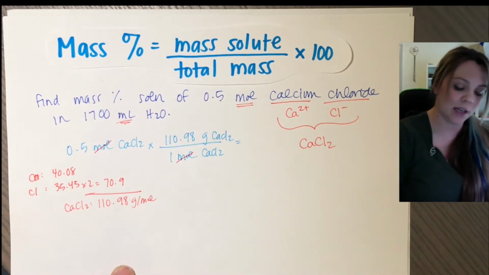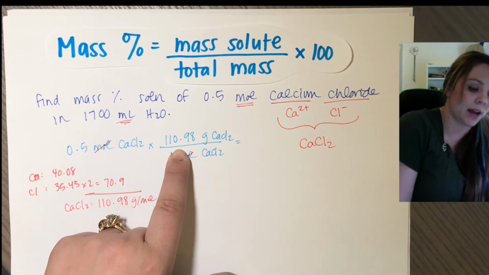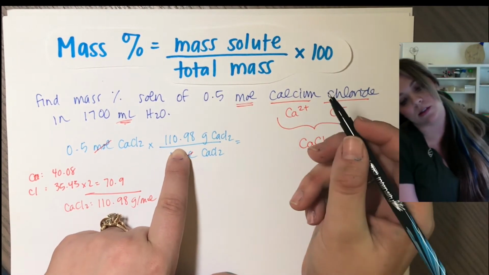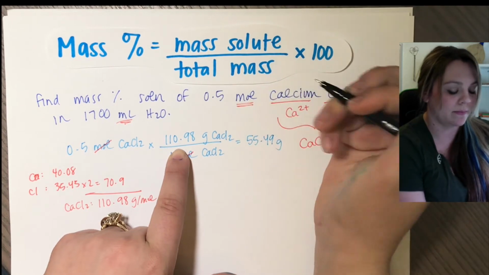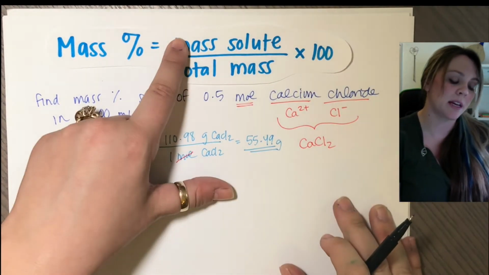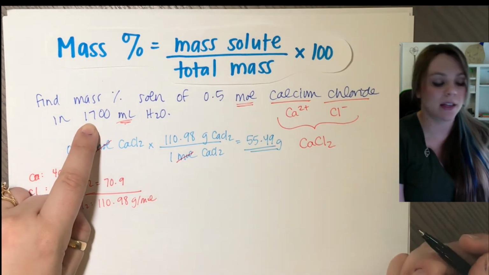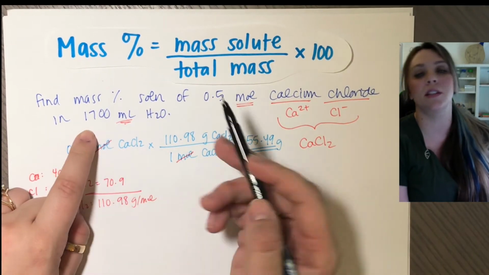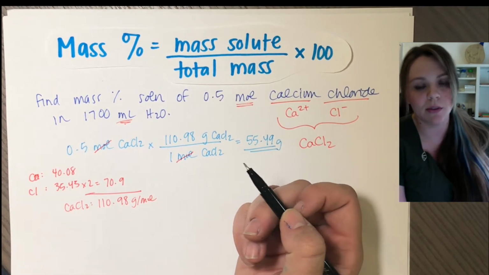Moles and moles will cancel, and I will get 0.5 times 110, so half of that, which is 55.49 grams. Okay, so that's the mass of my solute. Now I need to figure out how many grams is 1,700 milliliters of water. Okay, this is not tricky. It's on the back of your periodic table.